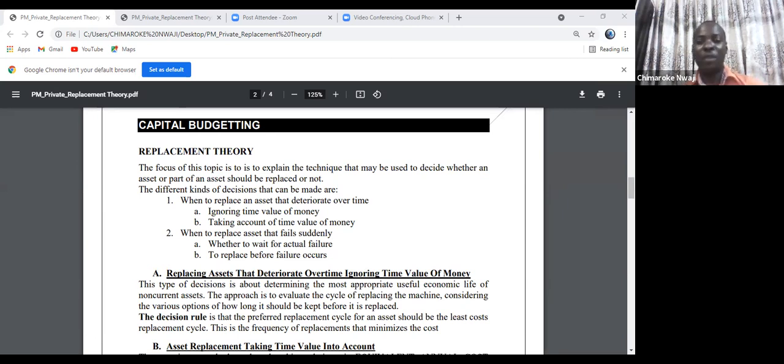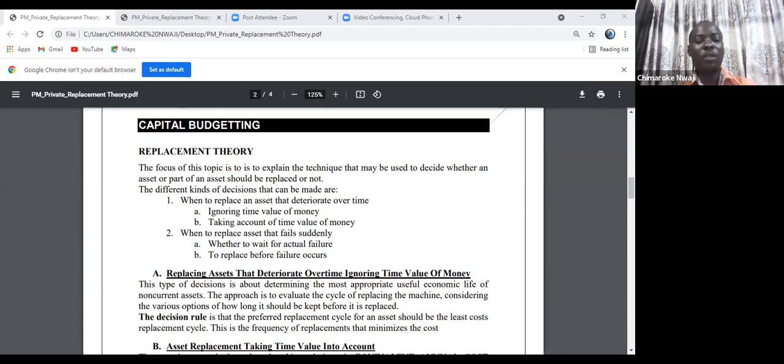We even know people who replace their cars in 6 months' time. So that's the kind of thing we'll be looking at. The decision rule is the one that will give you the least cost in each replacement cycle.